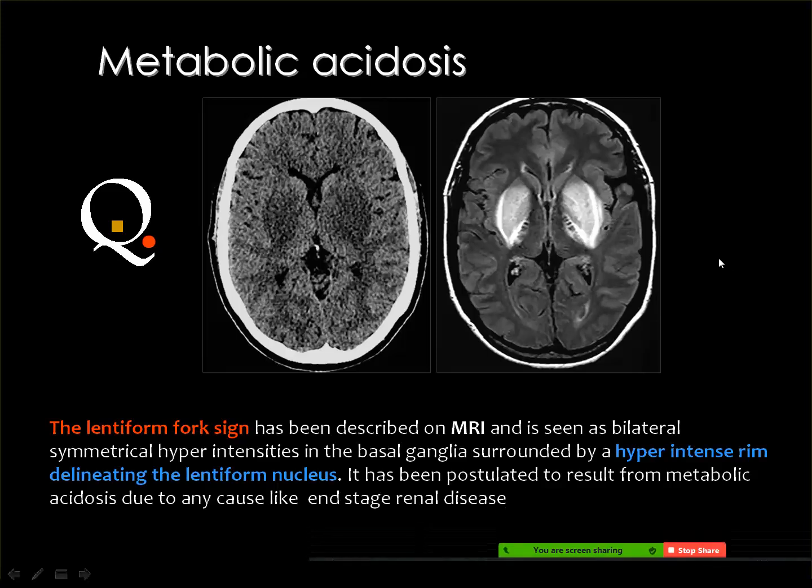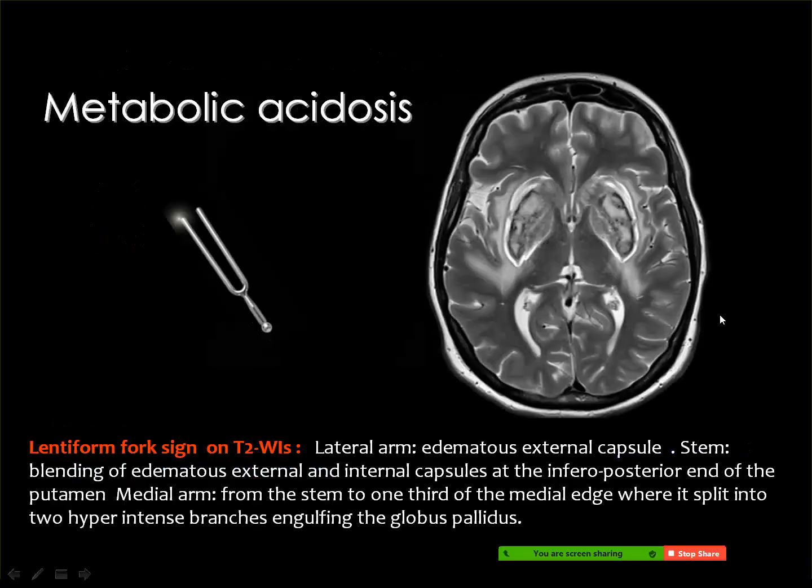The literature says that this lentiform fork sign is one of the diagnostic criteria of metabolic acidosis. Here you can see a classic appearance of the lentiform fork sign associated with abnormalities in the basal ganglia, the lentiform nucleus in particular, as well as perifocal edema.